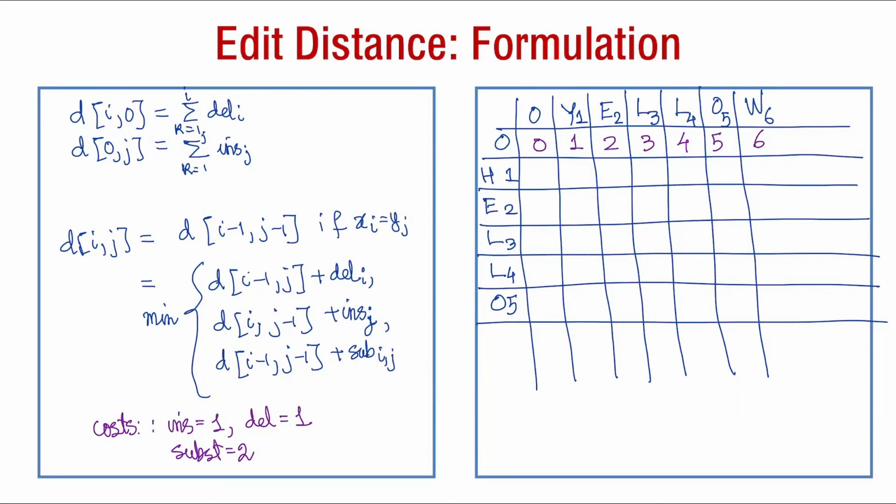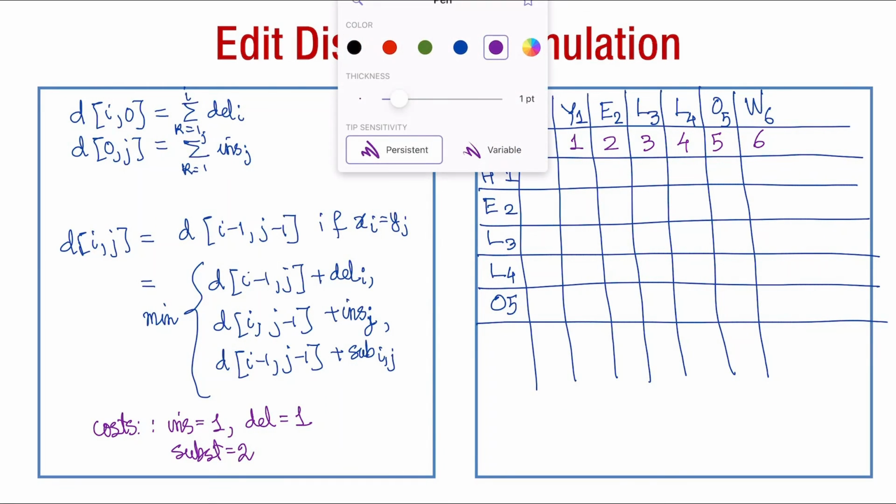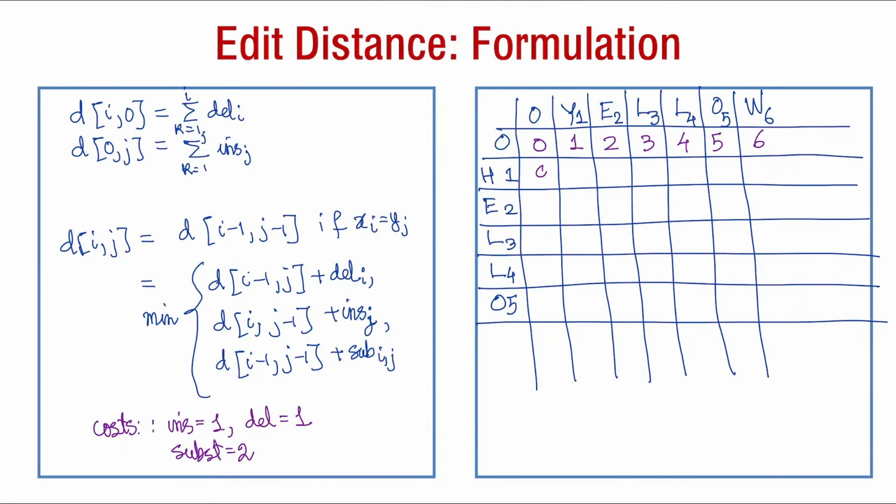So here what will we fill up? We will fill this one up, sorry, not zeros. This will be, as per this definition, 1, 2, 3, 4, 5. And then we will fill up this row.